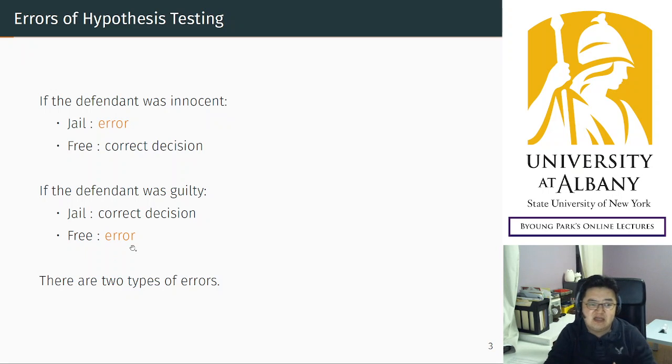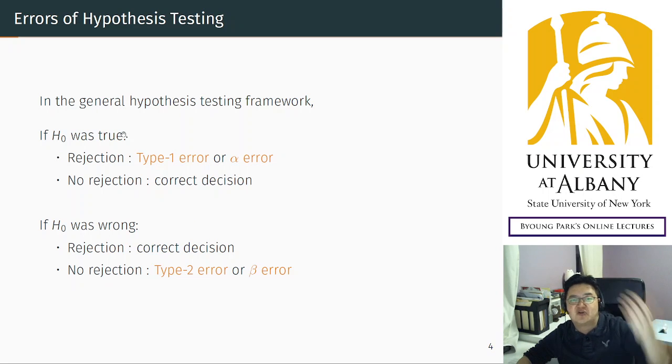So as you can see, depending on the truth, there are two types of errors. We are going to analyze these two errors separately. So if we put the same rationale into the general framework for statistical hypothesis testing, you can say this. If the truth is that the null hypothesis was true, then rejection is an error. We call this type 1 error or alpha error. Usually type 1 error is the term we use.